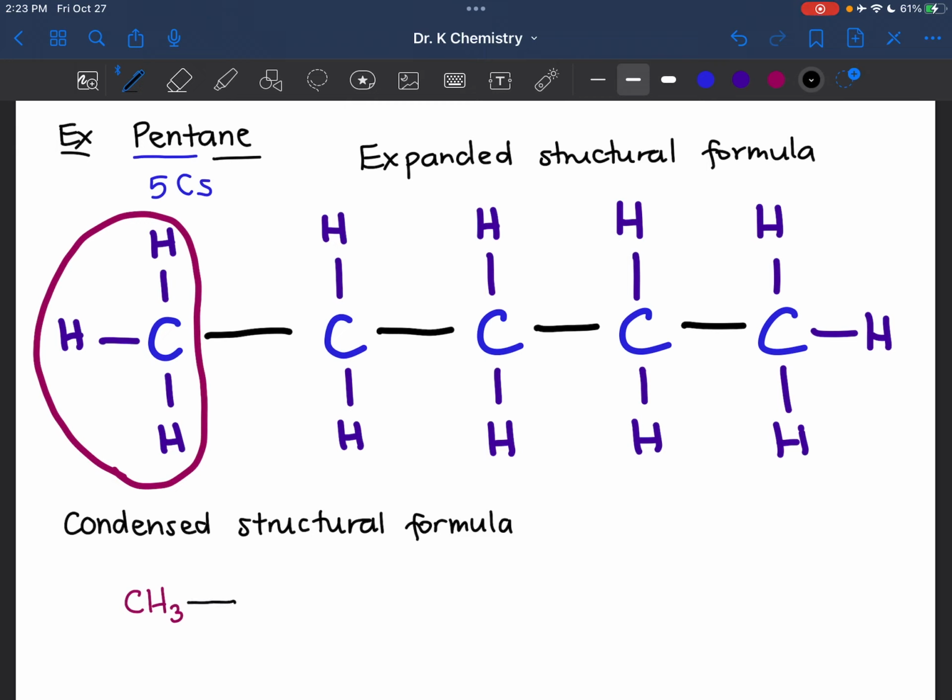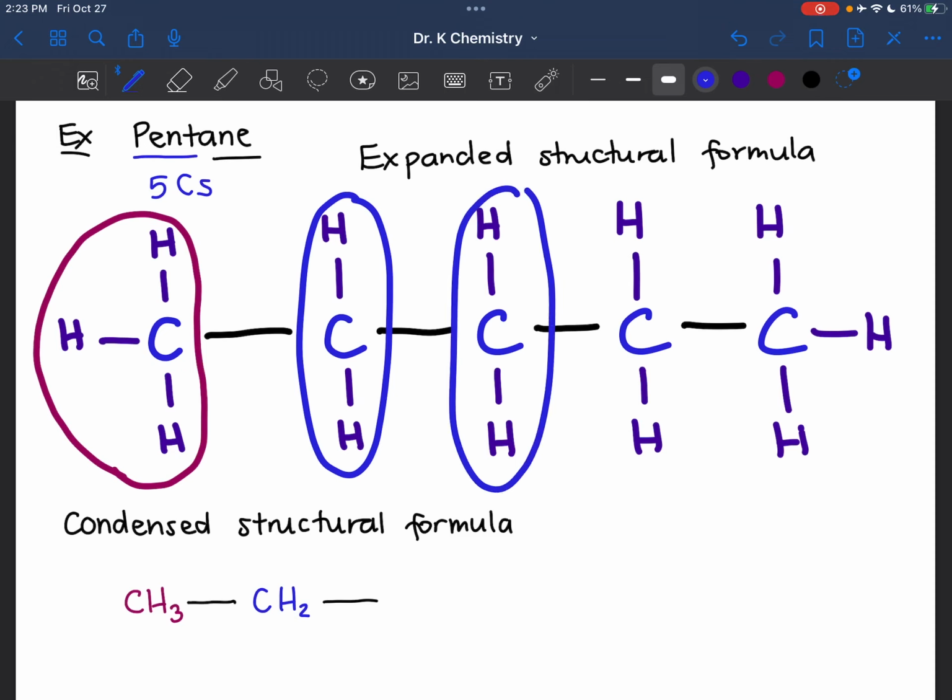That carbon is connected to the next carbon, so I could take this group and notice that I have a carbon and 2 hydrogens. So I could say, well, that's going to be a CH2 unit. 1 carbon connected to 2 hydrogens. And then that's going to connect to the next carbon. Notice this one is also a CH2 unit, and this one is a CH2 unit.